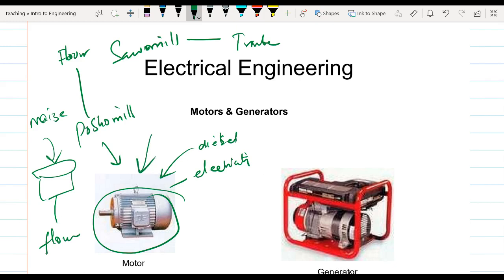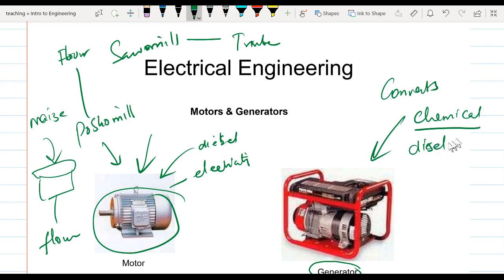And again, the generator. The generator falls under this category; it is designed by electrical engineers. The generator converts chemical energy, like diesel, or mechanical energy, like dam water with what we call potential energy, which rotates turbines and then produces electricity.